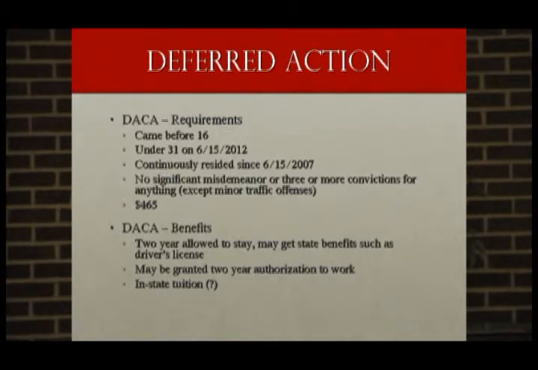They can't have committed a significant misdemeanor or have 3 or more convictions in general. What significant misdemeanor means, we're not too sure. We know that it's at least one of those crimes involving moral turpitude, probably a little bit less, but it's determined on a case-by-case basis. And then they submit an application. It costs about $465.